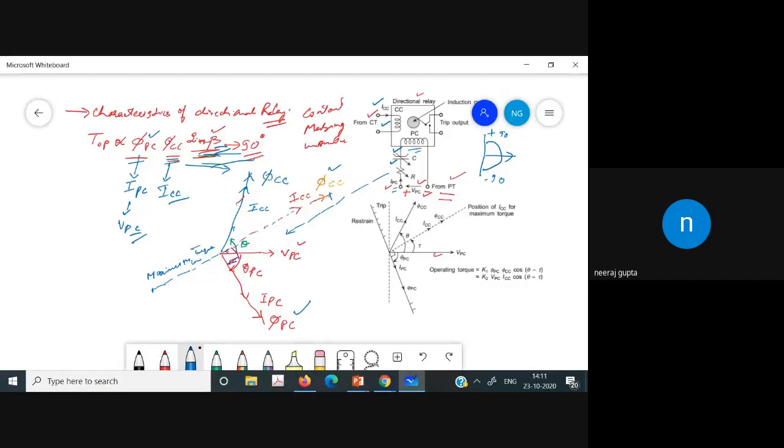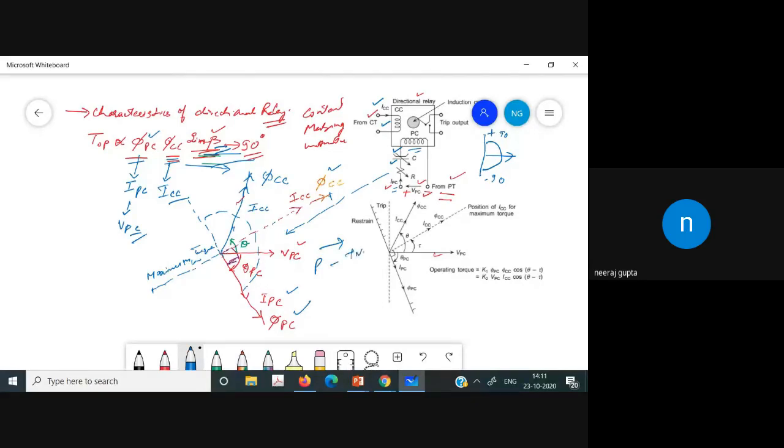So this whole range is the range in which the power is positive and torque is positive.